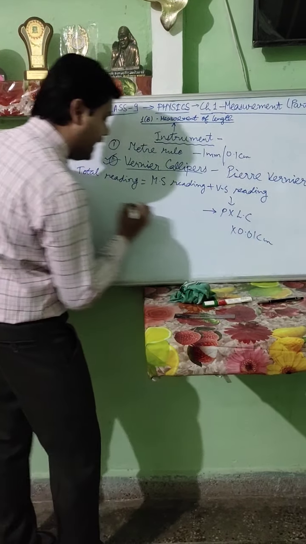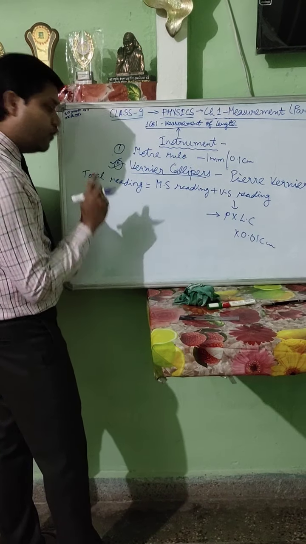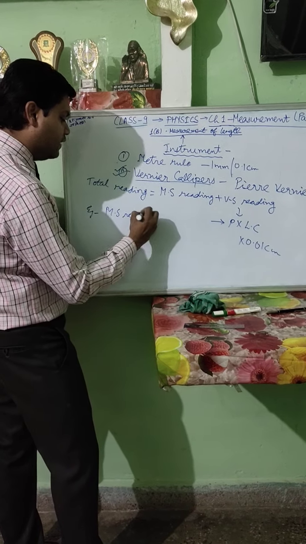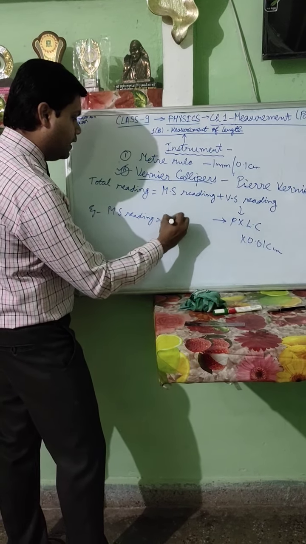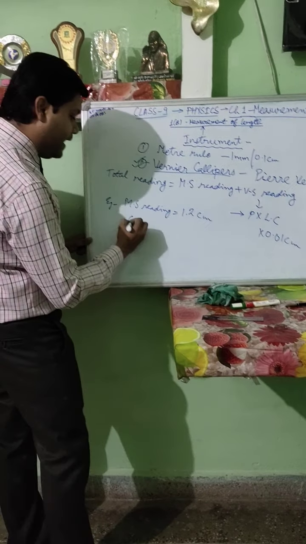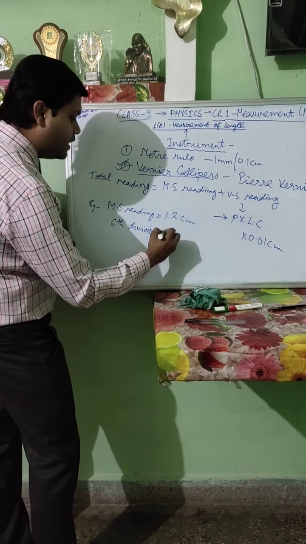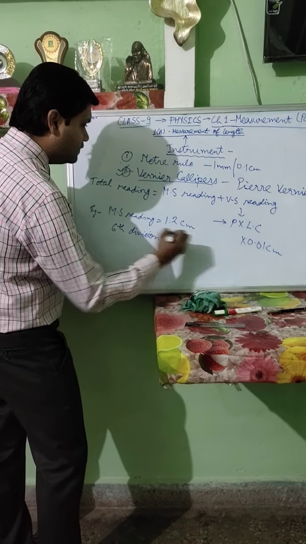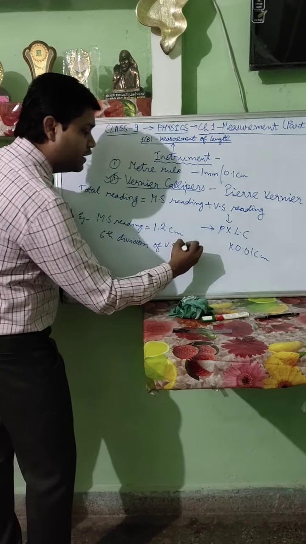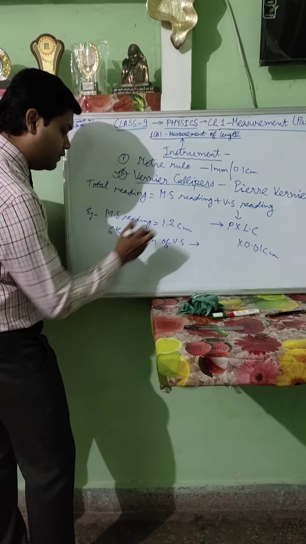For example, main scale reading given in the question is 1.2 centimeter, and it is told that the sixth division of vernier scale is coinciding with main scale.